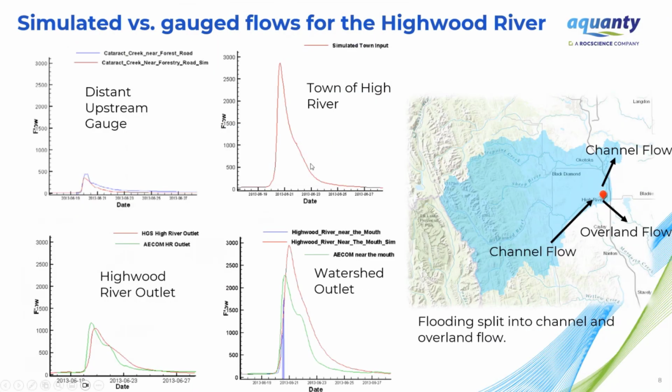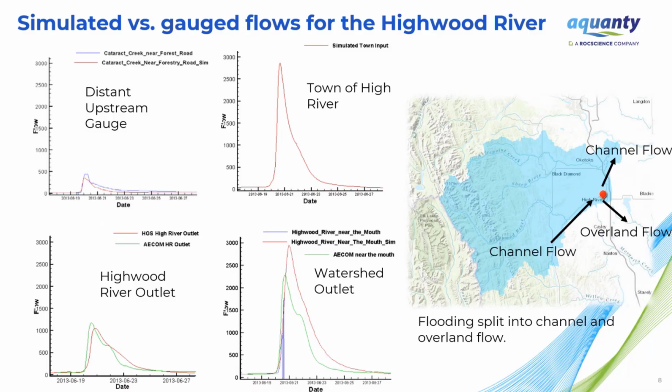All right, so these are some modeled hydrographs compared to what little gauging information exists for the flood event. There were two primary gauges, one upstream on just a small tributary of the Highwood River, in the upper left here. The measured flow is in blue, and HGS simulated flow is in red.